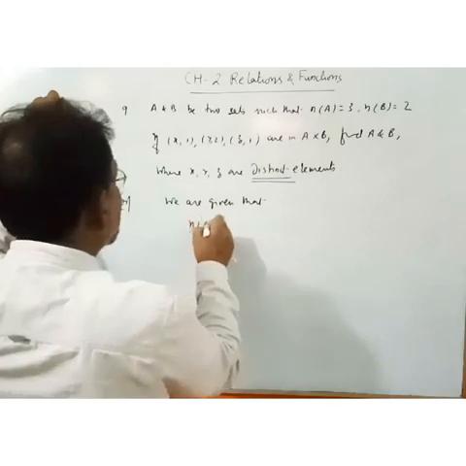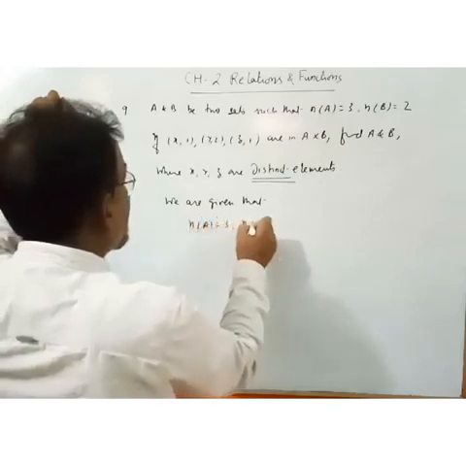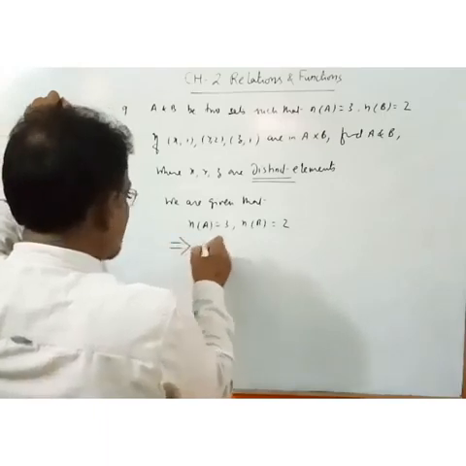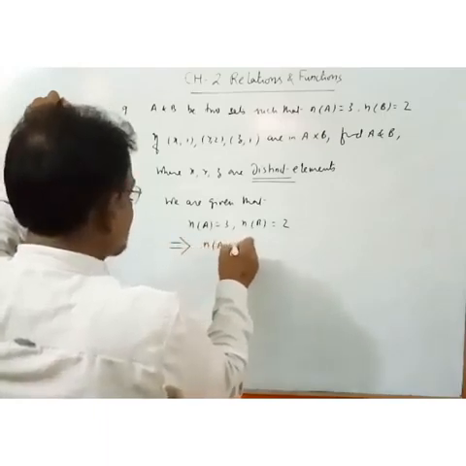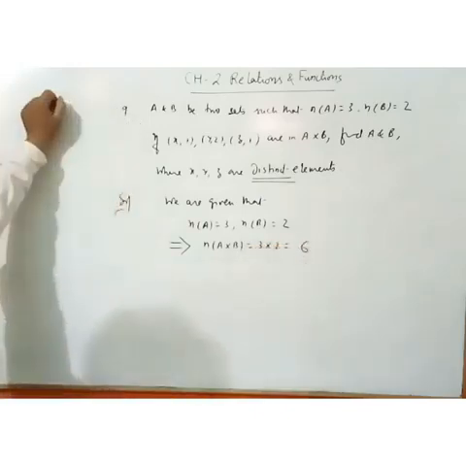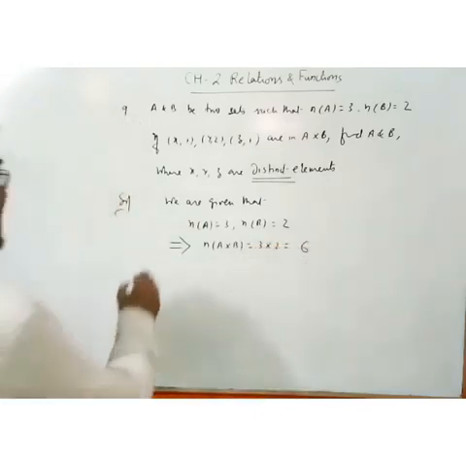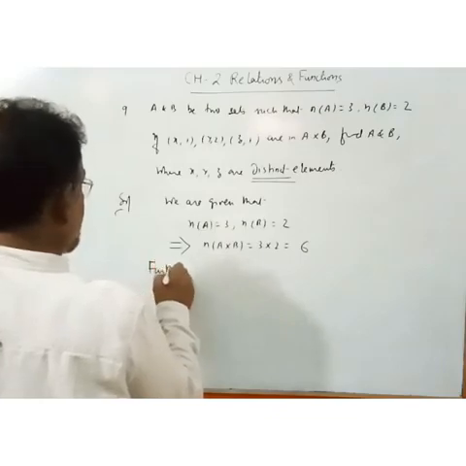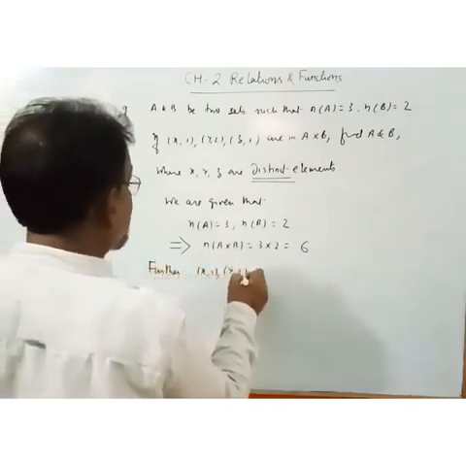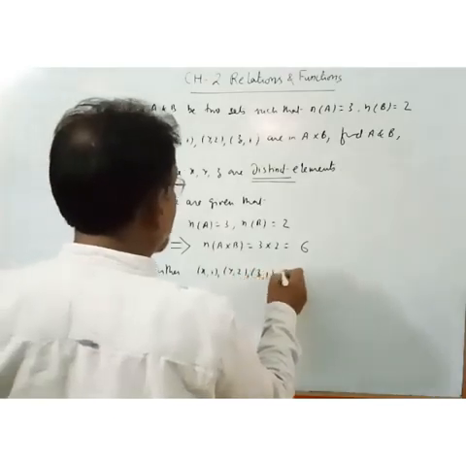Now, how will we proceed with the solution? We are given that n(A) is equal to 3, n(B) is equal to 2. This implies the number of elements in A cross B should be equal to 3 into 2, that is 6.